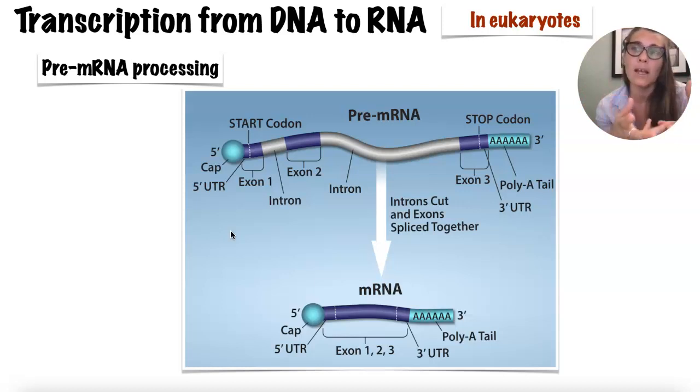To protect the RNA from degradation, we put a 5' end cap and a poly-A tail on the 3' end. Okay, so it's just to make sure that we don't get degradation right away.